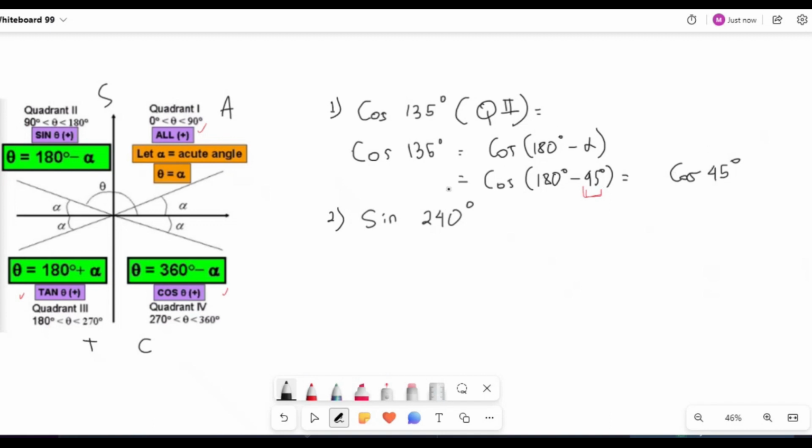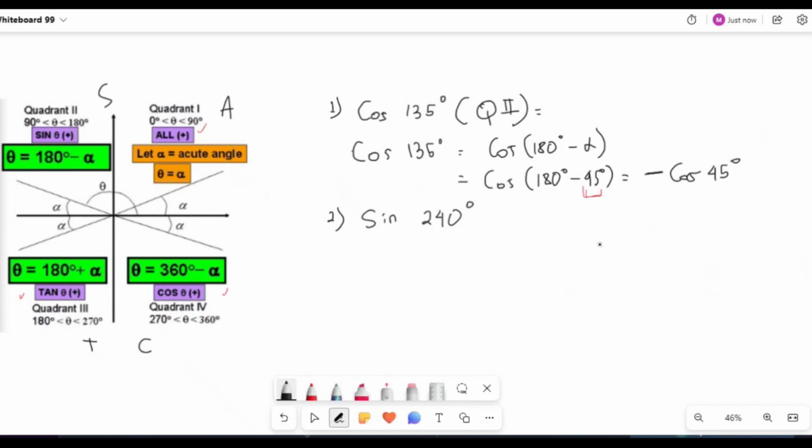Okay, but careful, this ASTC applies now. In quadrant 2, only sine is positive, meaning the cos would be negative. So the adjustment happens here. We take only 45, but we need to put a negative sign. Is that clear? If we use a calculator, we just put in the 135 and it's done.